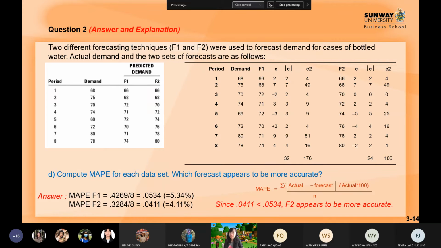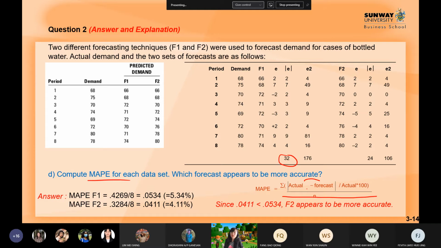So come to part D, the last question for today. How do you calculate the percentage? This is the formula because it's a bit complicated. You take the actual minus forecast, divided by the actual, times 100, divided by the number of periods.